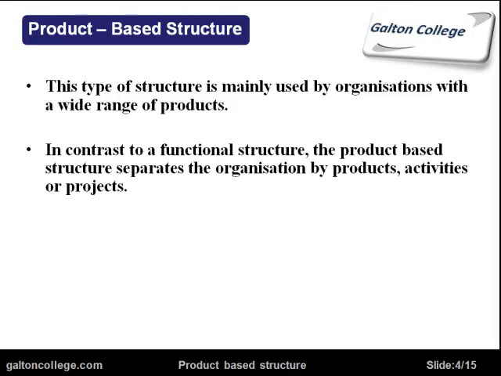In contrast to a functional structure, the product-based structure separates the organization by products or activities or projects. So of these various possibilities, the one most appropriate to companies with a large range of products is to have a product-based structure.